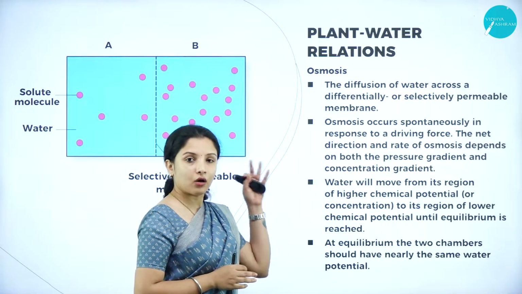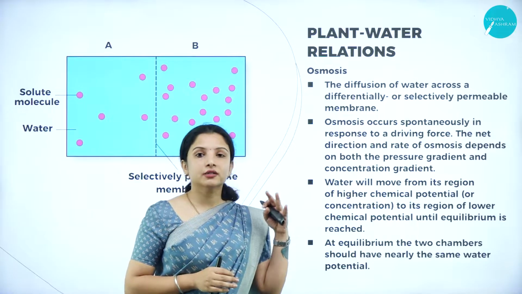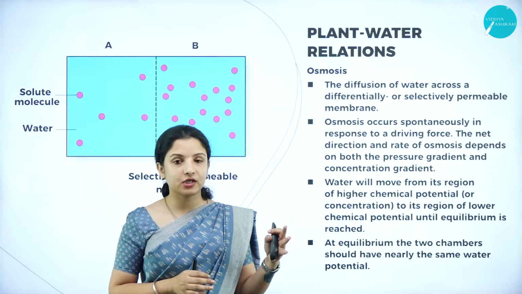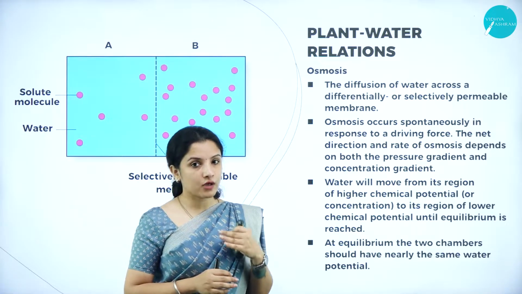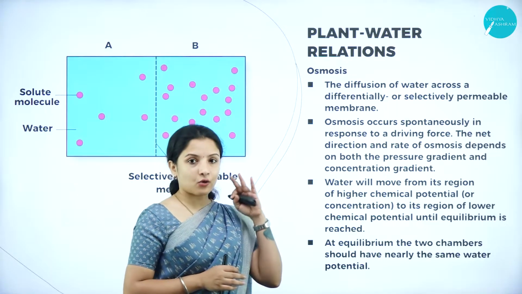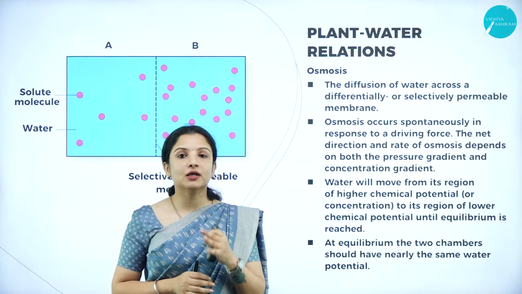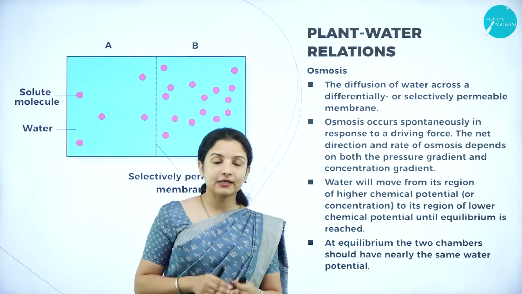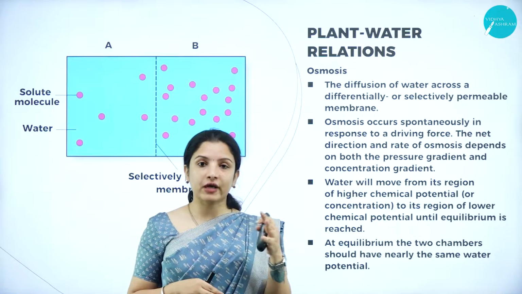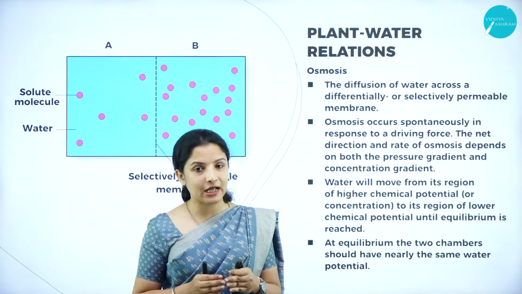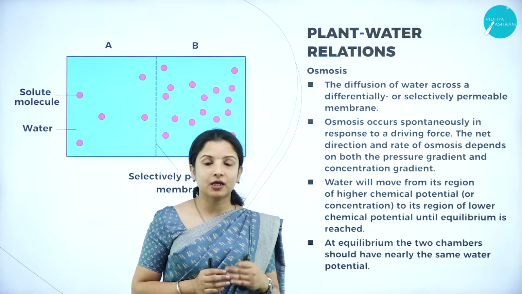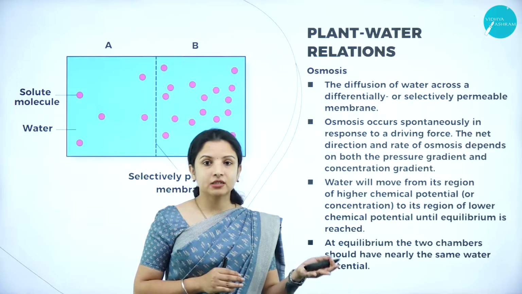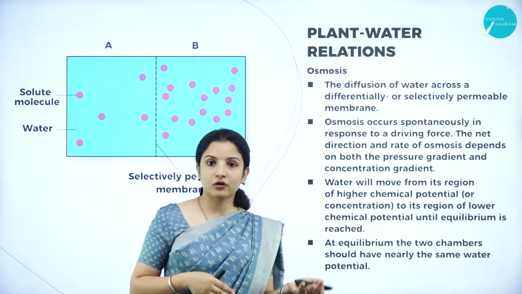Just like that, in osmosis also, there is movement of water molecules from a region of higher concentration to a region of lower concentration, but the only thing here is that it is through a selectively permeable membrane. We all know that the plasma membrane of an animal as well as a plant is selectively permeable in nature. It will not allow all particles to enter into or move out of the cell, right?